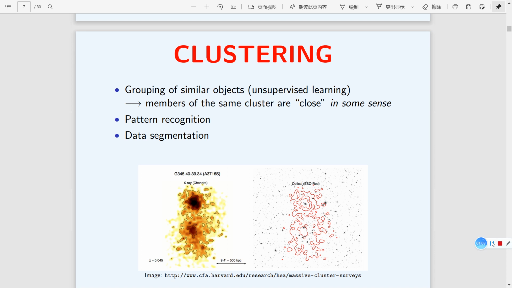However, we probably need to use proper machine learning ways to group them together. So this is very important for pattern recognition, for data segregation, to divide the data.